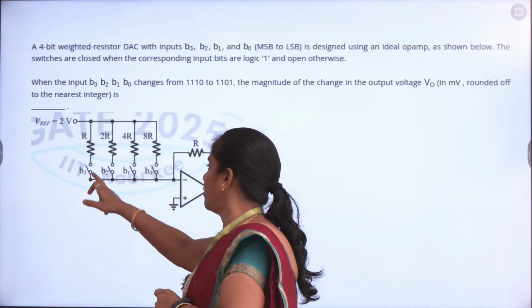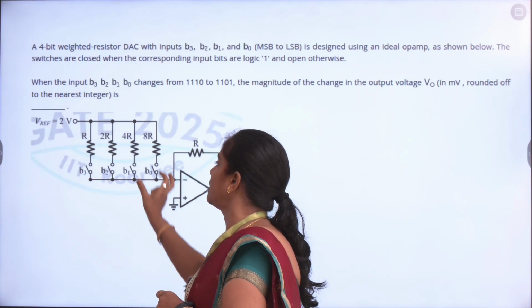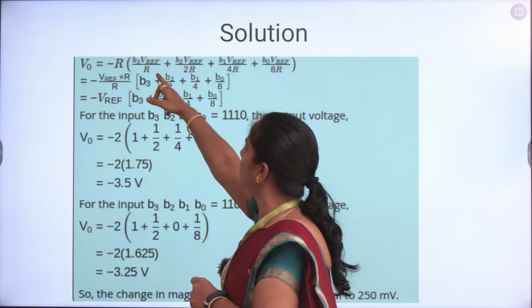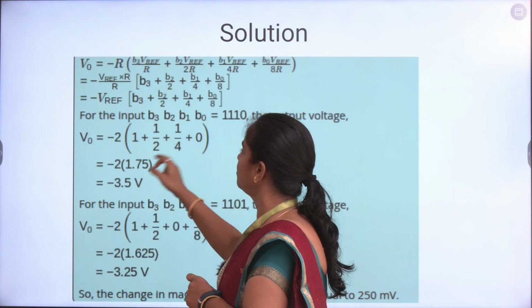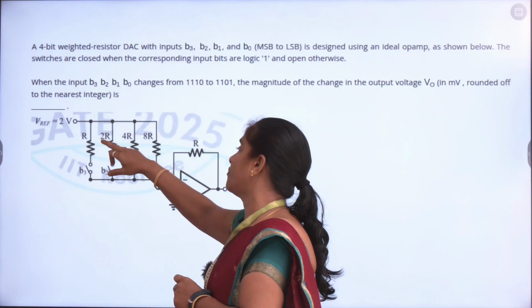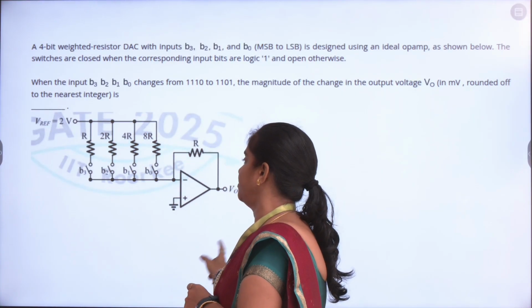So according to the bit, we multiply B3, B2, B1, B0 with the current expression. So we have I1 as V reference by R, I2 as V reference by 2R, I3 as V reference by 4R, and I4 as V reference by 8R.